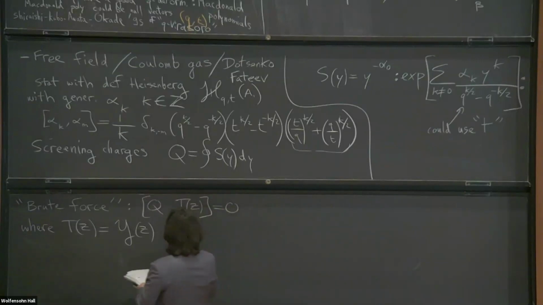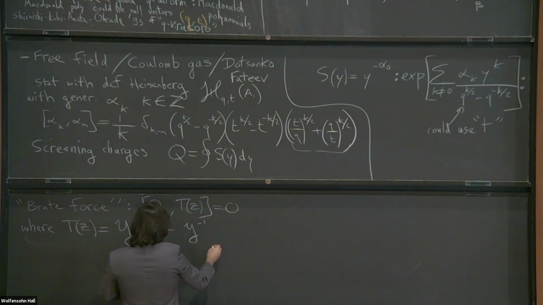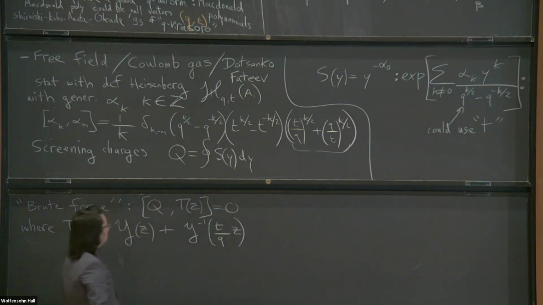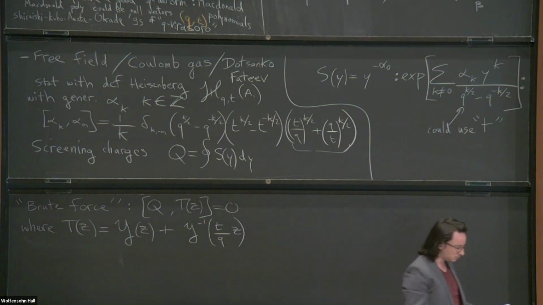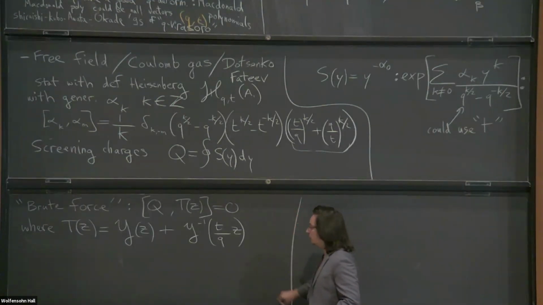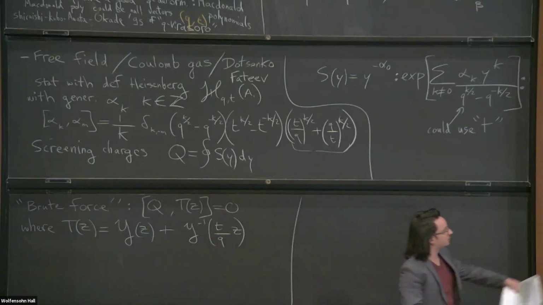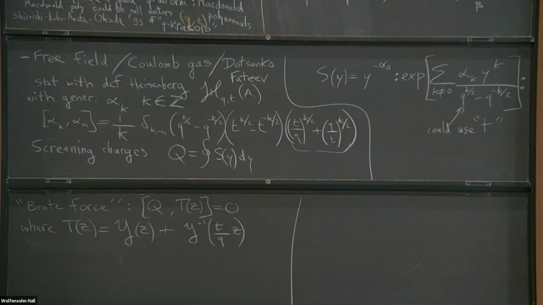That's why I introduced it, because it enters here, plus Y inverse t over q. So that's the operator that happens to commute with the screening charge. What I mean by inverse here is I literally just mean take the exponential of minus. There's no trick here.